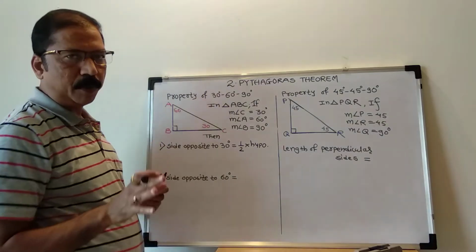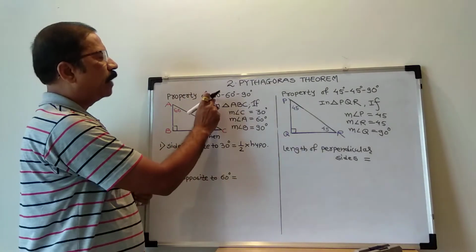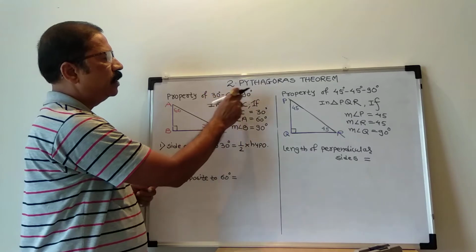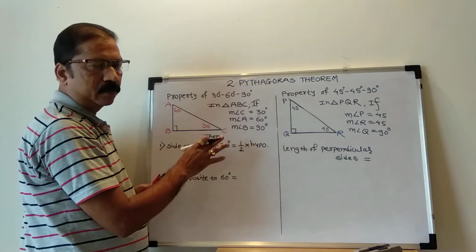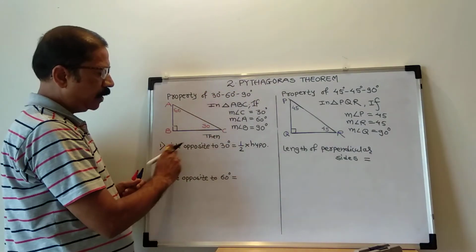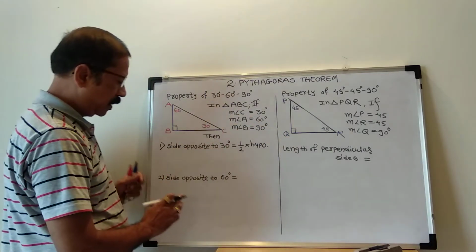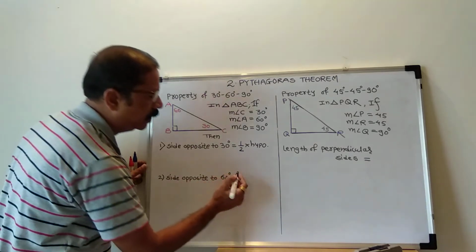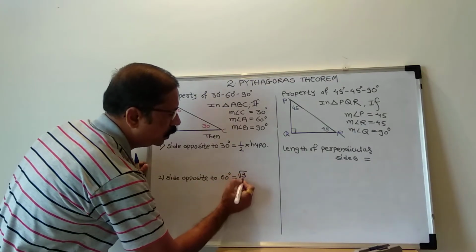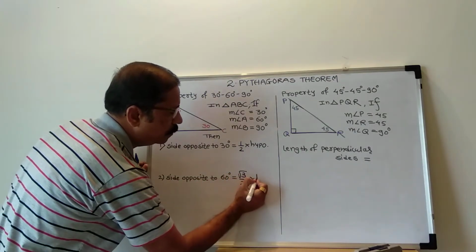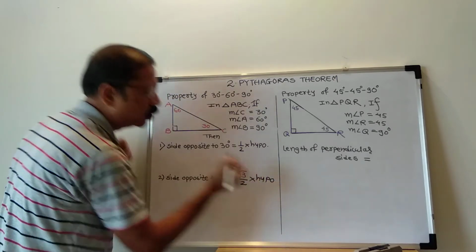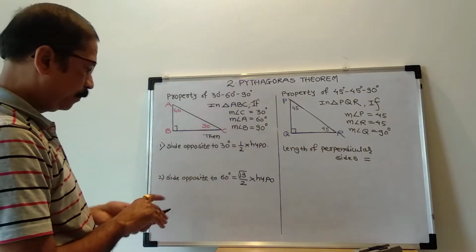You learn the statement: in any right angle triangle, if the angles are 30, 60, 90 degree, then side opposite to 30 degree is always half of the hypotenuse, and side opposite to 60 degree is root 3 upon 2 times the hypotenuse. So this is the property.